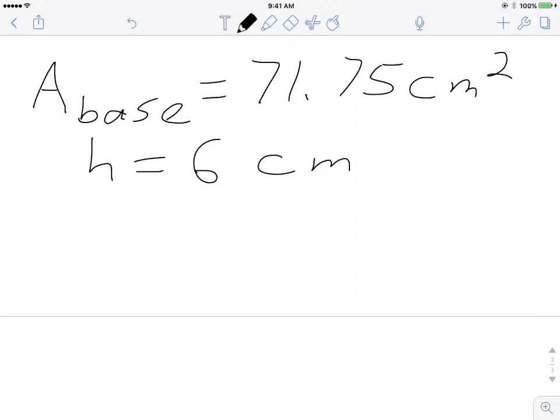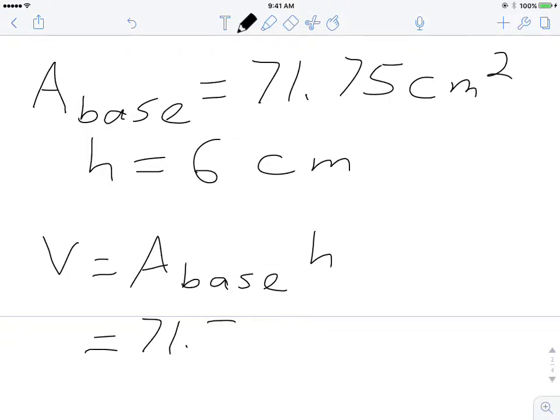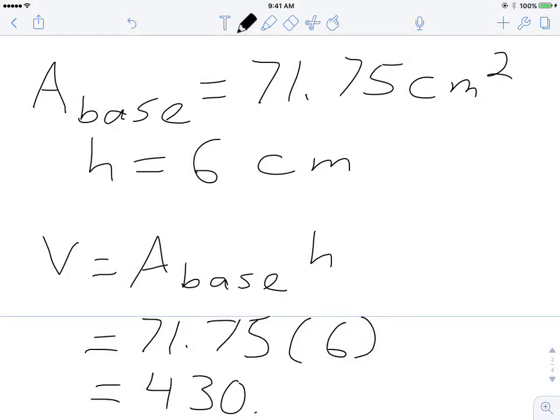To find the overall volume, you take the area of the base, multiply it by the height, and then you get your volume calculated very easily. Don't forget units, centimeters cubed.